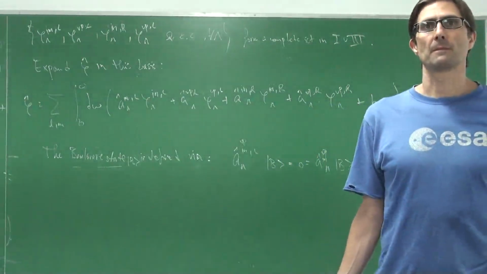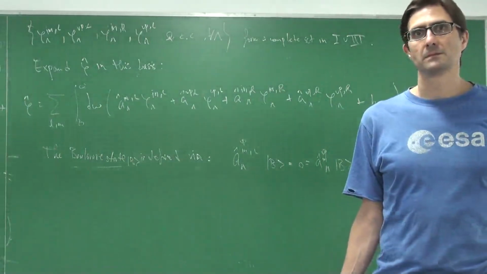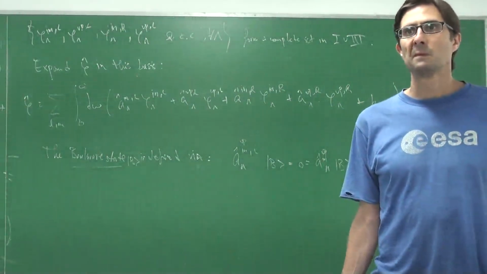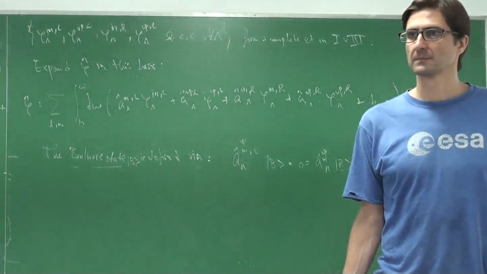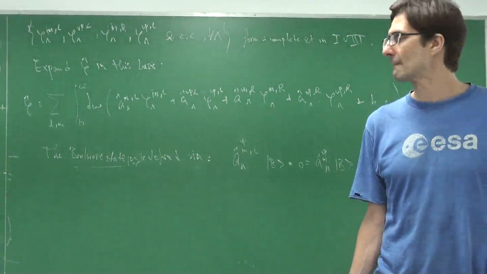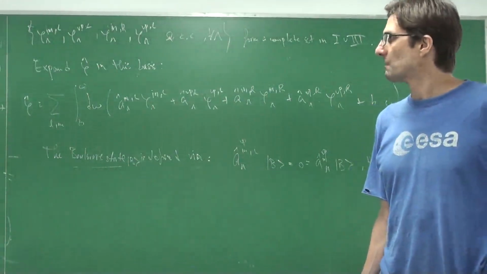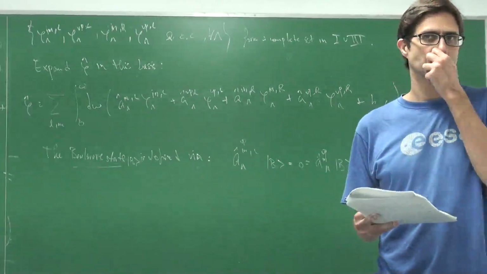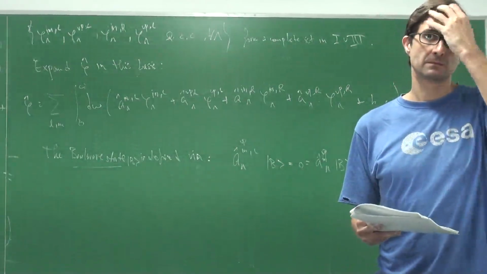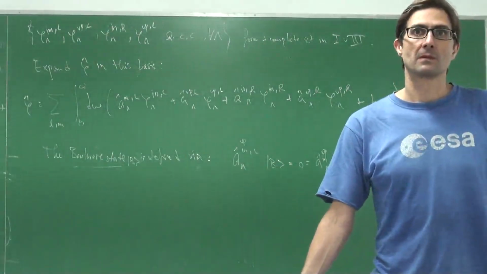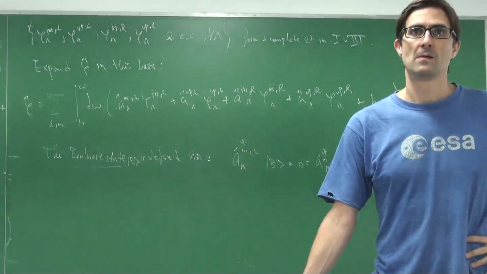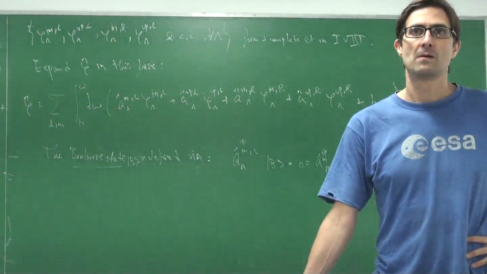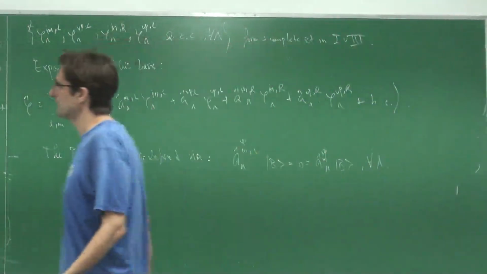Well, I would say because you are getting modes from the infinities and you are very far away from the black hole. So basically you are in the flat space-time region of the space-time. But we're defining them here as well.